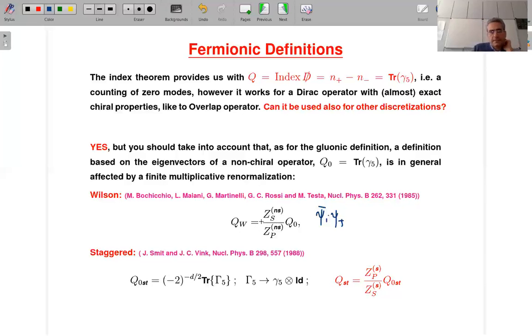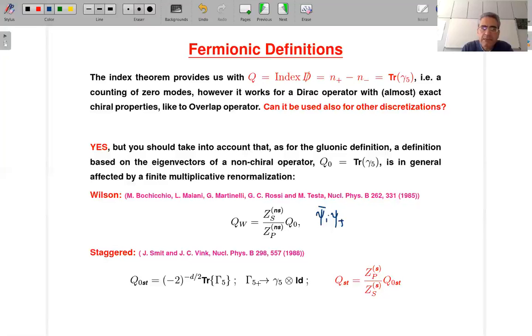And a similar relation has been written down by Smit and Vink in the 80s for the staggered operator. So also for staggered fermions, you can define a naive definition of topological charge as the trace of the staggered gamma 5.